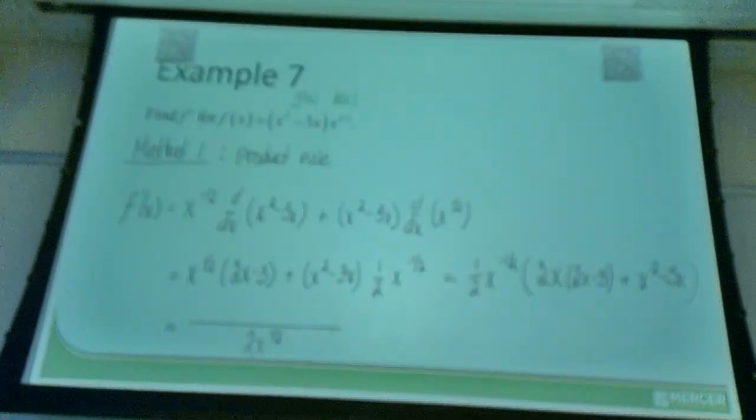Two over x to the 1/2, I'm going to leave it as fraction exponent because they gave me a fractional exponent. 2x times 2x, 4x, plus x squared.